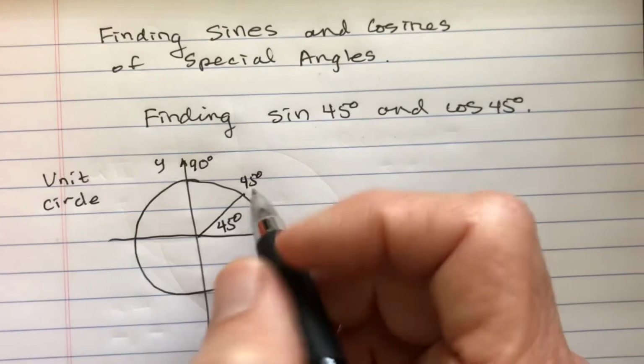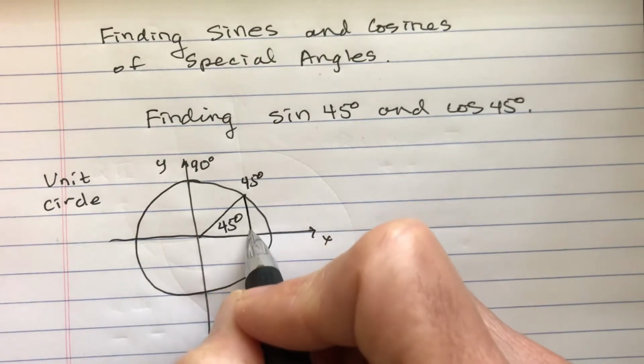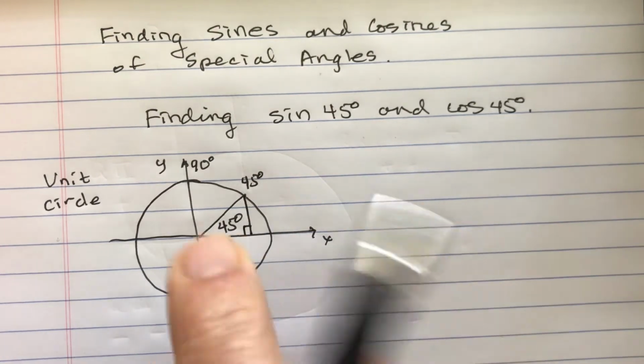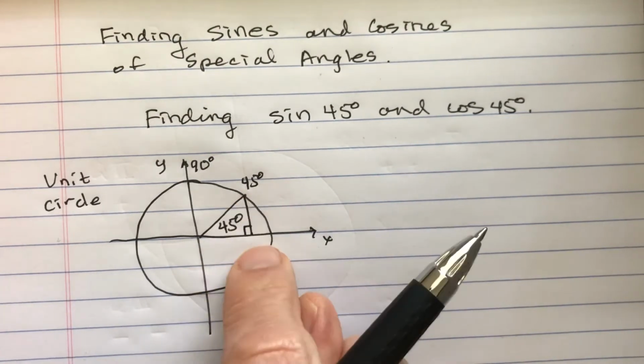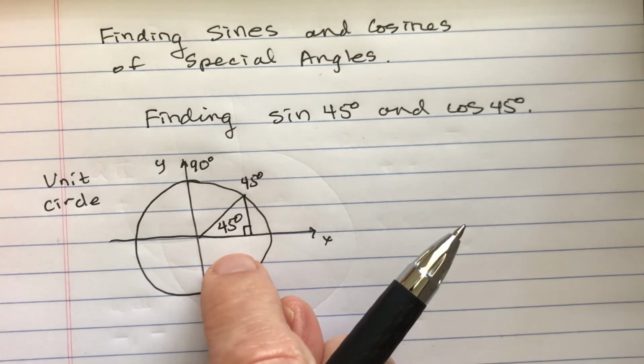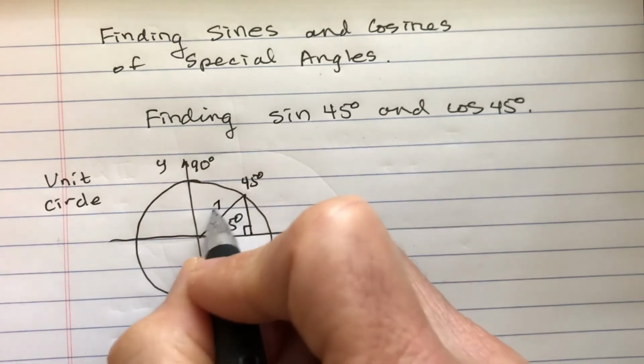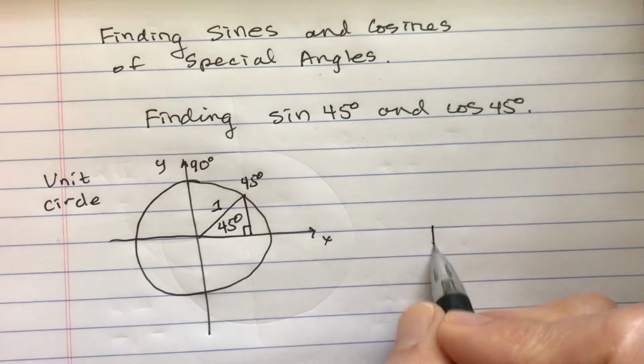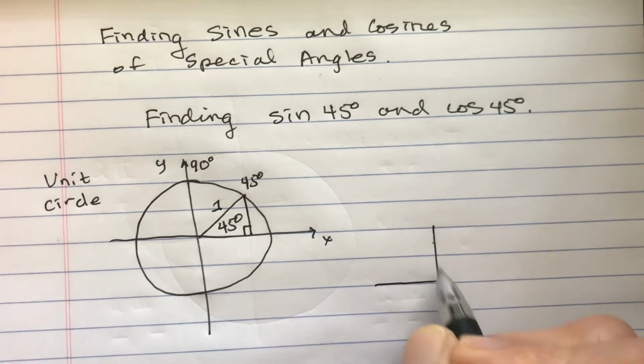Now, what we can notice is that we draw a right triangle here. So we drop a right triangle to the x-axis. It's always to the x-axis. And I'm going to start fiddling around with this right triangle.